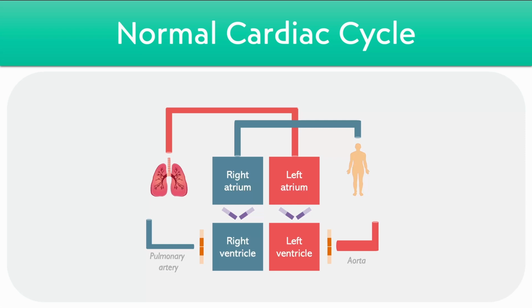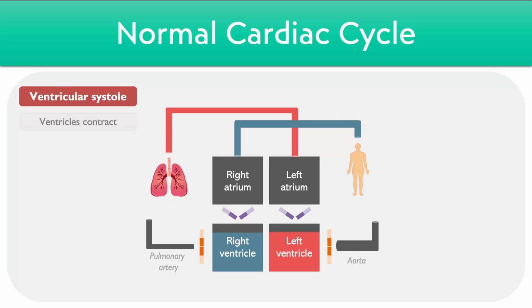To understand how the normal heart sounds are formed, we have to take a look at the normal cardiac cycle, and we're going to start by having the blood in the ventricles, which is the start of ventricular systole. In the first phase of ventricular systole, the ventricles contract simultaneously, and this increases the pressure within the chambers.